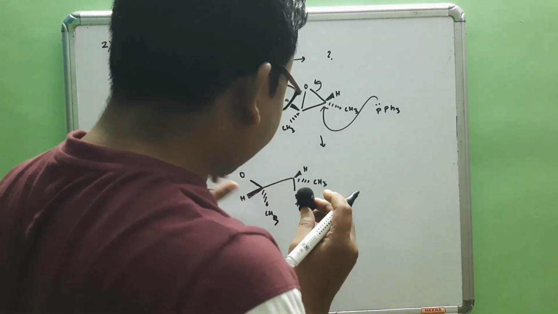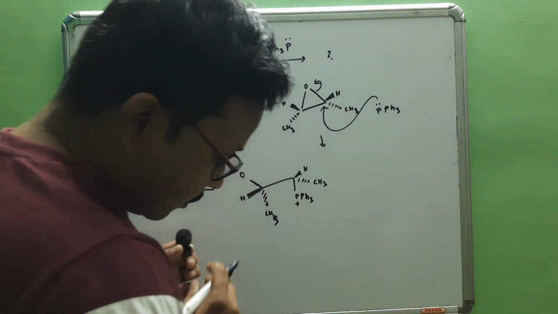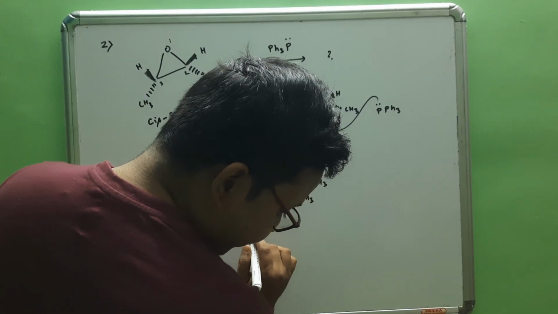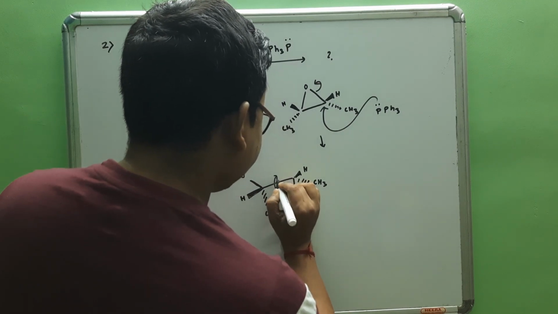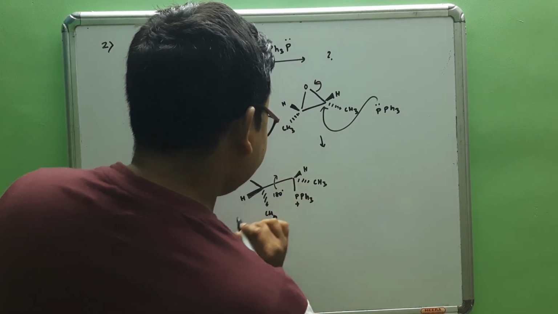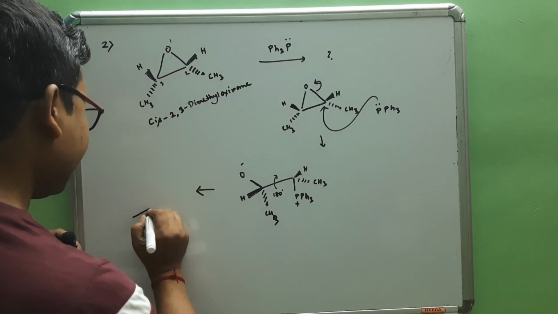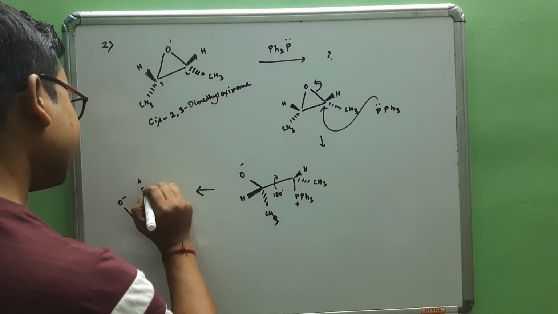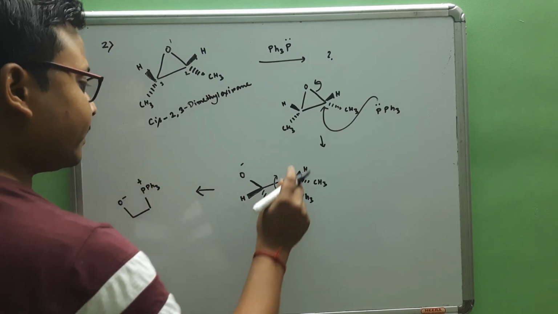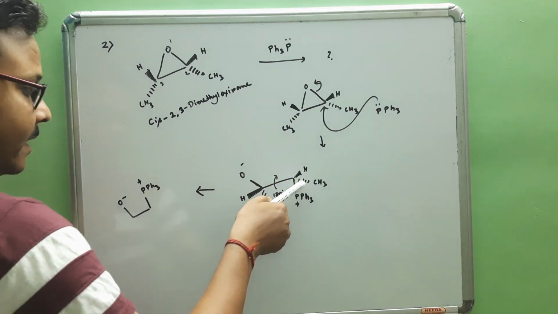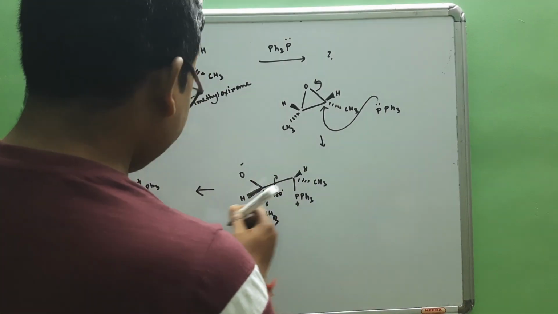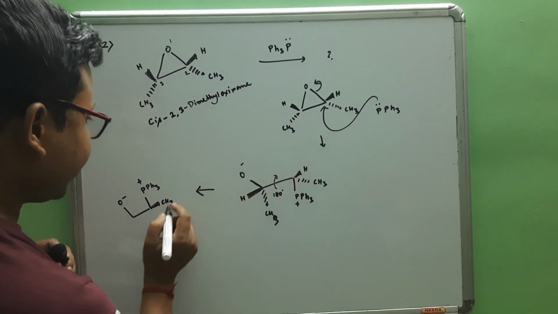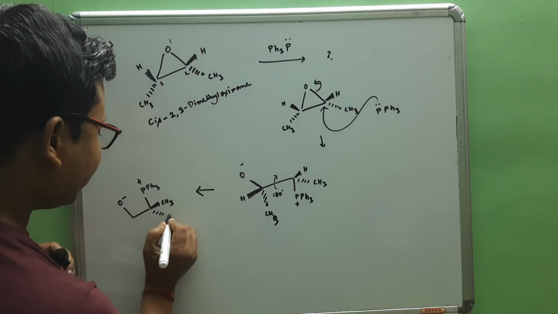So there will be a rotation around this sigma bond, and the rotation should be 180 degrees. After the 180-degree rotation, the phosphorus atom comes to this side, and the CH3 group which was below the plane comes above the plane, and the hydrogen atom which was above the plane comes below the plane.